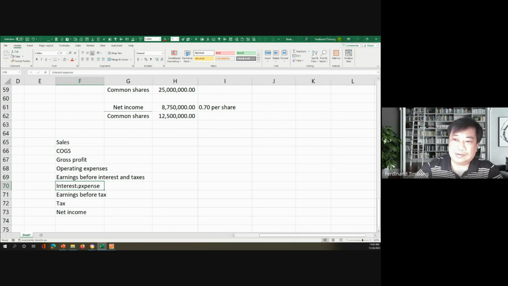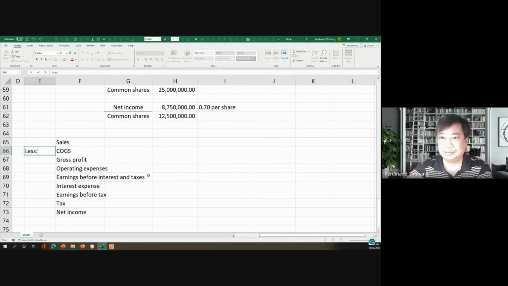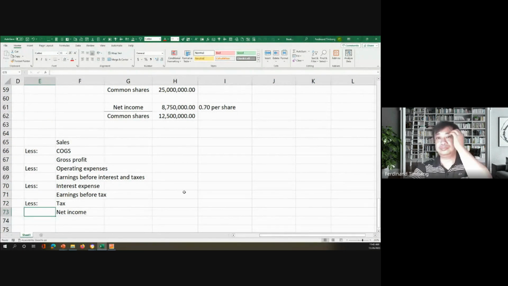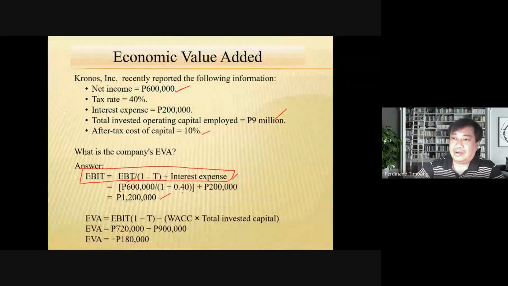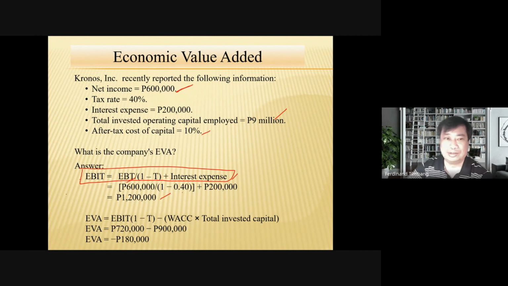Then you deduct the interest expense, and you have the earnings before tax. Then less tax, and you have the net income. Let's put the "less" labels so you can remember. Here, we were given the net income, so we are working backwards.